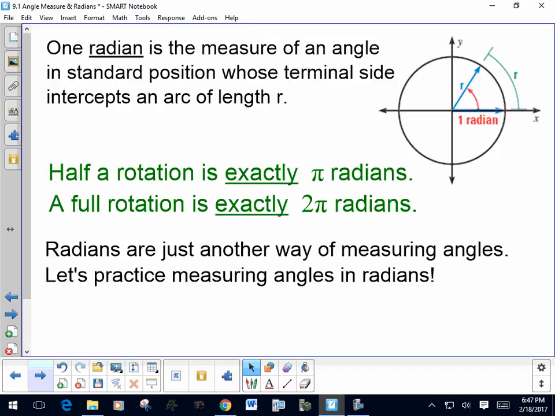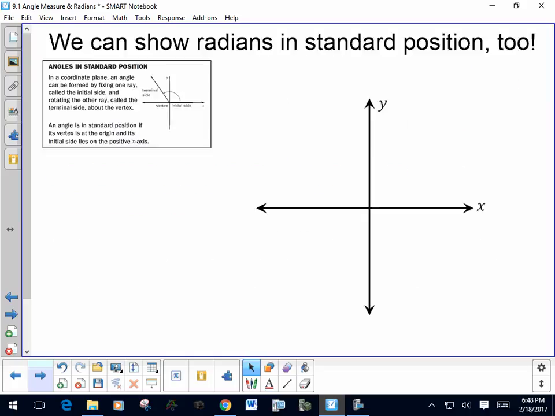Okay, like I was saying, half a rotation is exactly pi radians. A full rotation is exactly 2 pi radians. In class, we used a protractor to measure some radians with a radian protractor. If you missed class, you missed out on that fabulous experience.